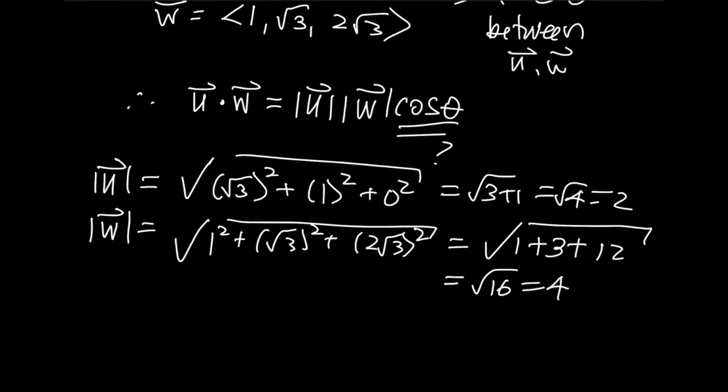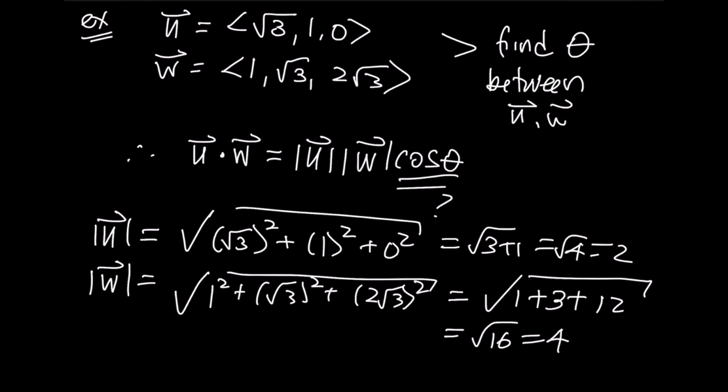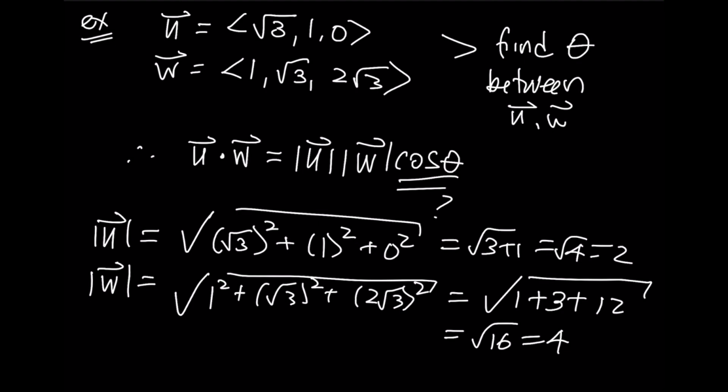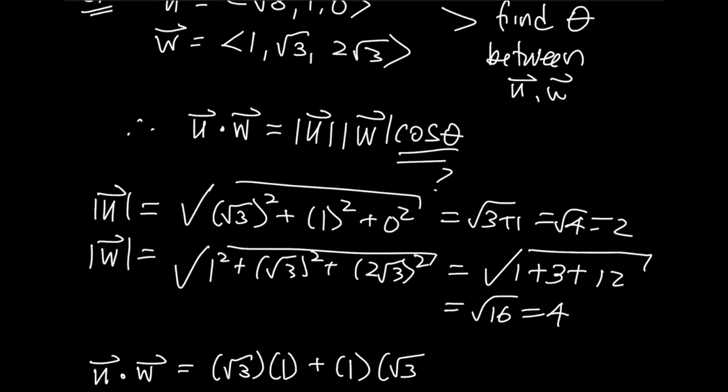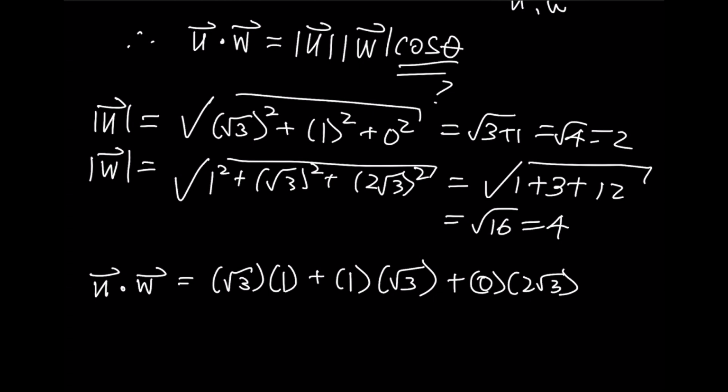Now, the key to all of this is that I've got a formula to calculate dot products. And that means u dotted with w is going to be the first component of u times the first component of w, the second component of u times the second component of w, the third component of u times the third component of w. And so this ends up giving me a root 3, and a 0, so I get 2 root 3.